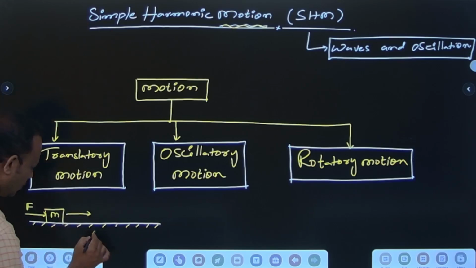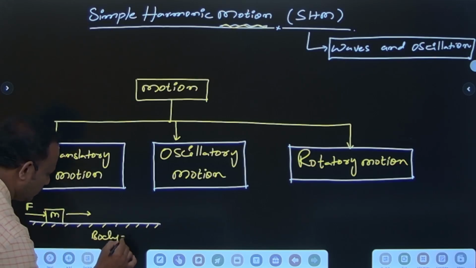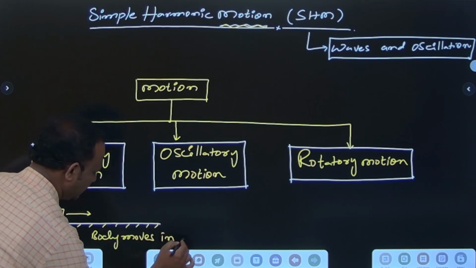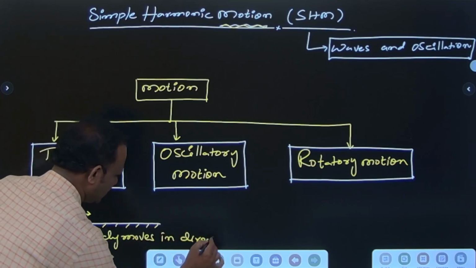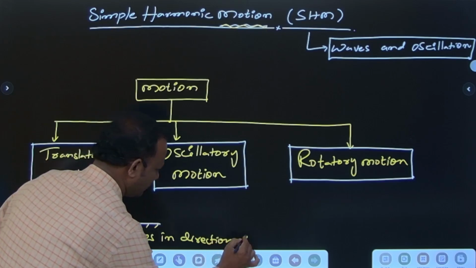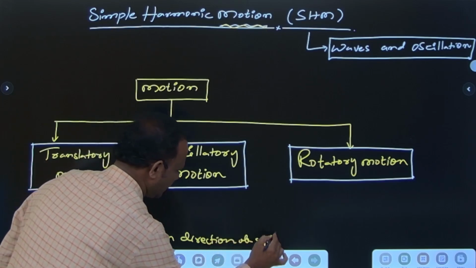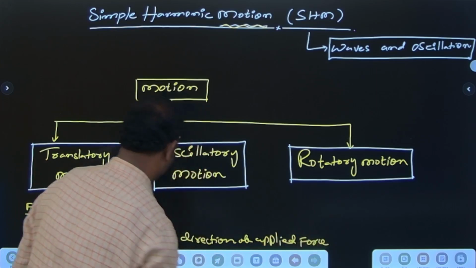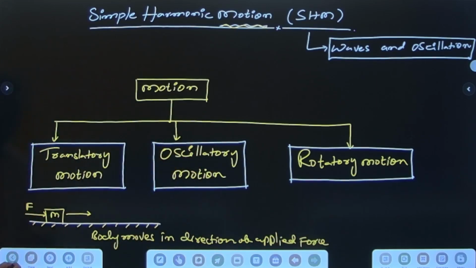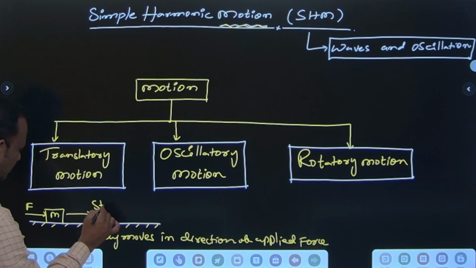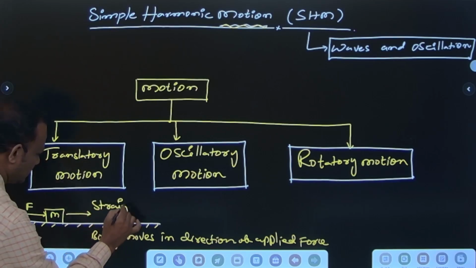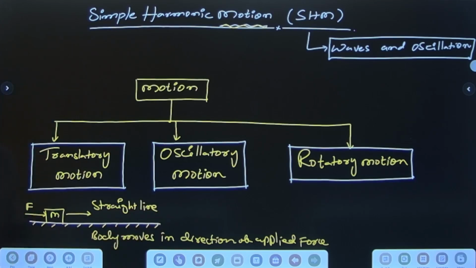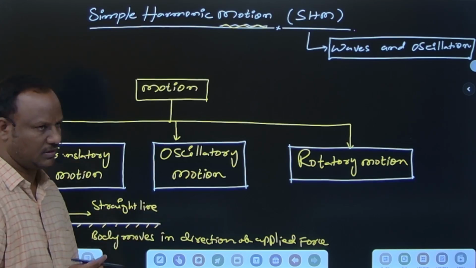So the body moves in the direction of applied force, and that is a straight line path. This is about translatory motion.